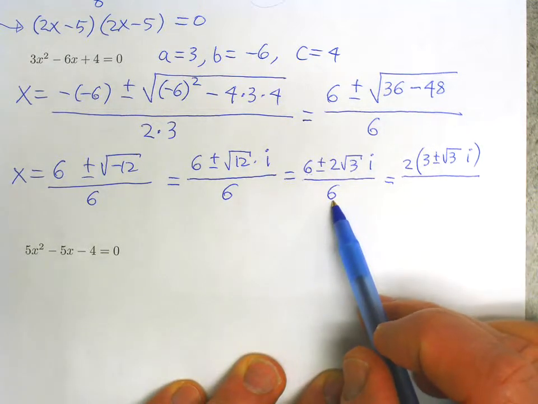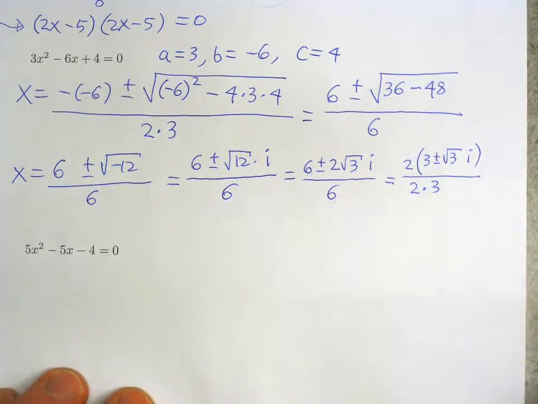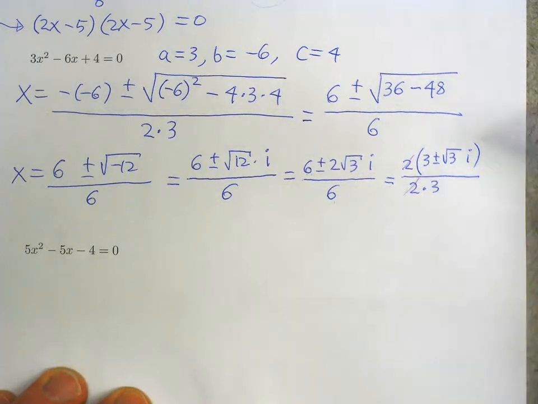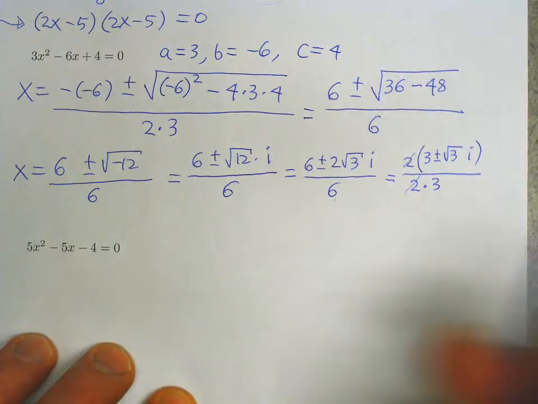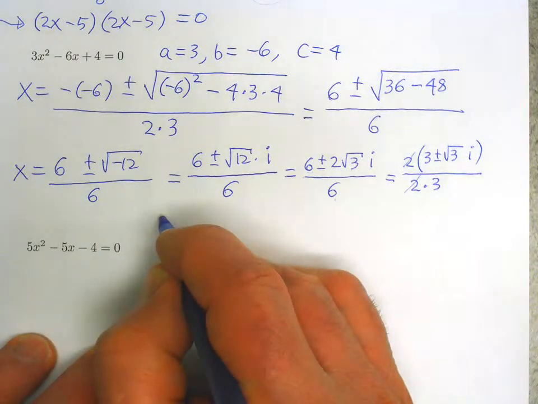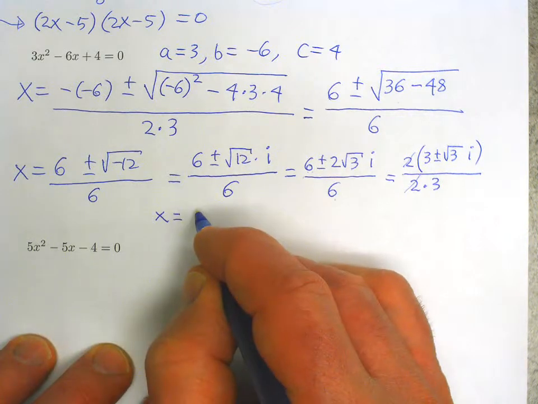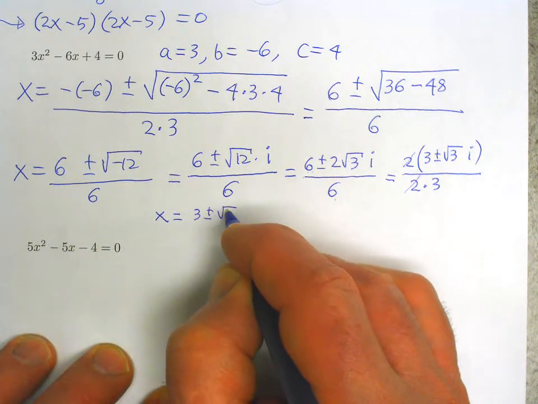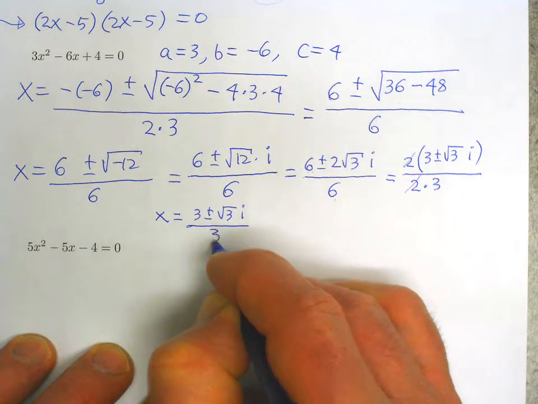And then instead of writing 6, I'm going to write it as 2 times 3 so that it's more obvious that we're going to cancel common factors. 2 divided by 2 is 1. So I'll squeeze in the solutions here. We have x equals, in the numerator, 3 plus and minus the square root of 3 times i, and that's all divided by 3.